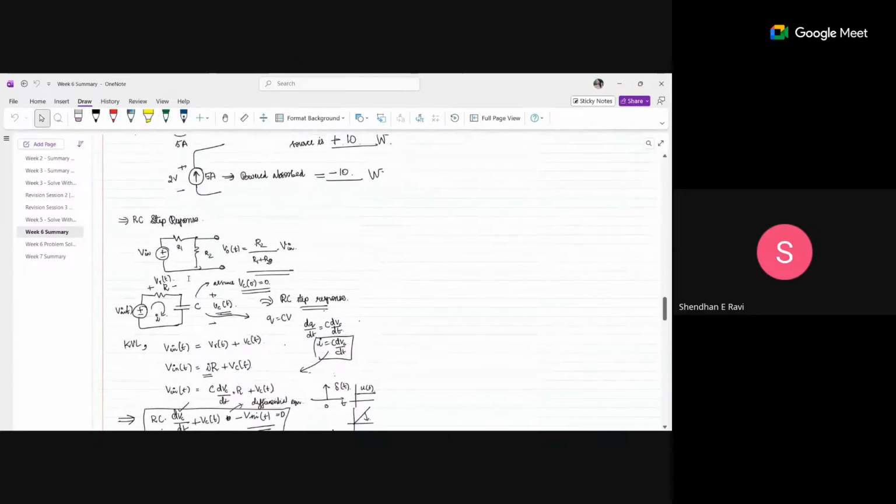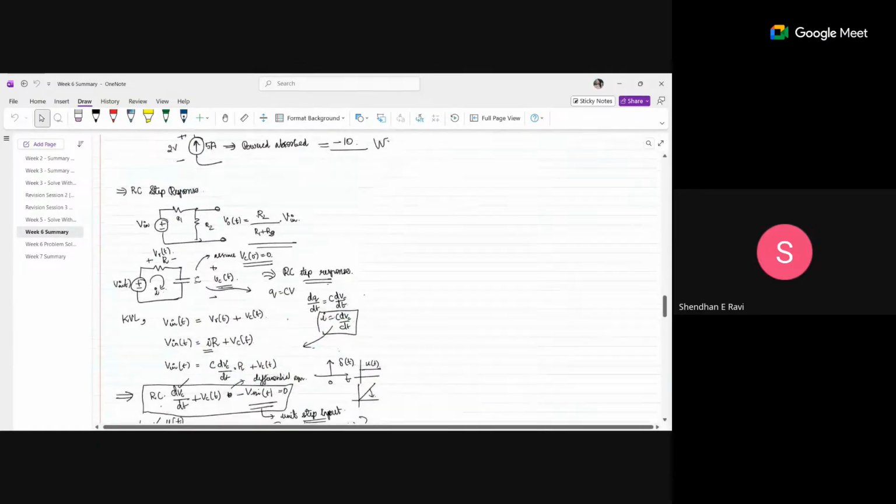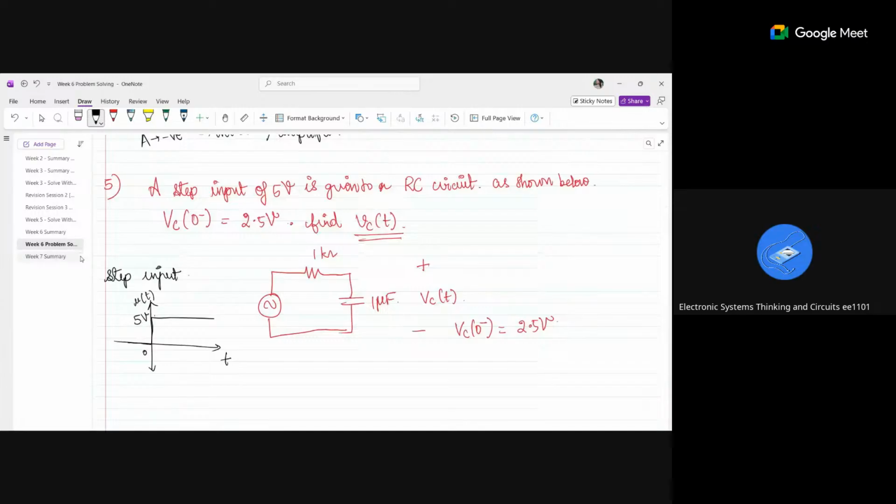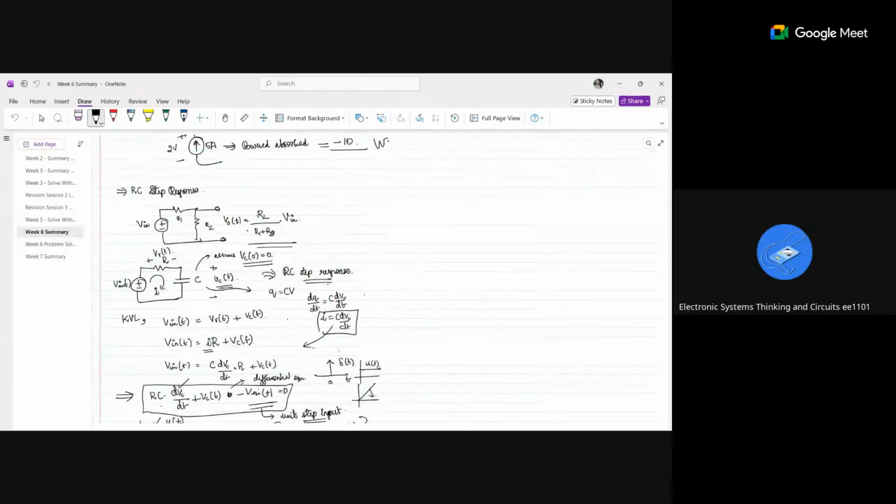What is the value of resistor and capacitor? The resistor is 1 kilo ohm and the capacitor is 1 microfarad. Those who already know the formula, you can try solving it. For those who don't know, I'll just give a summary of that.